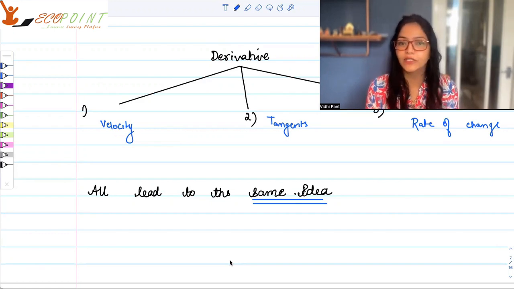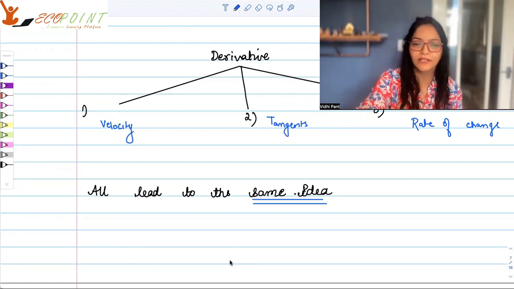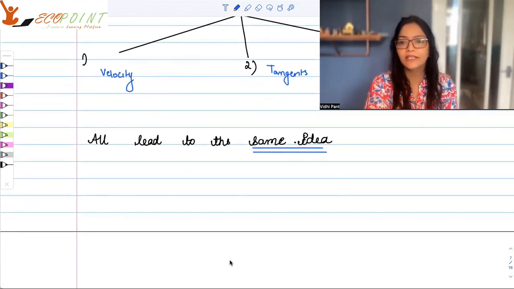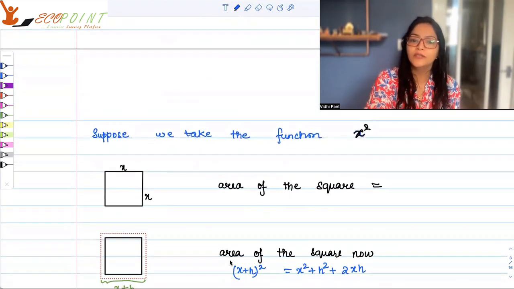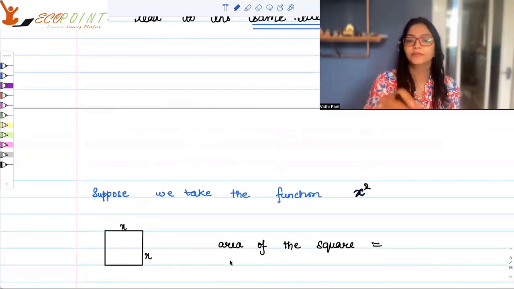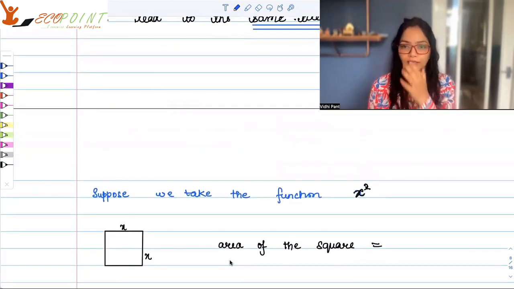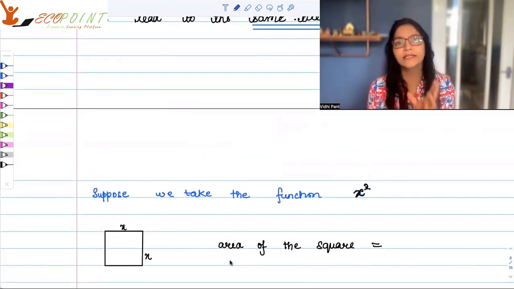Before I end this video, I also want to give you the actual idea of the concept of derivative. The concept of derivative deals with what happens if I change something. What is the impact of that change, right? So suppose I start with function x square. Suppose I want to visualize x square. How would you visualize x square? It's very easy visualization.